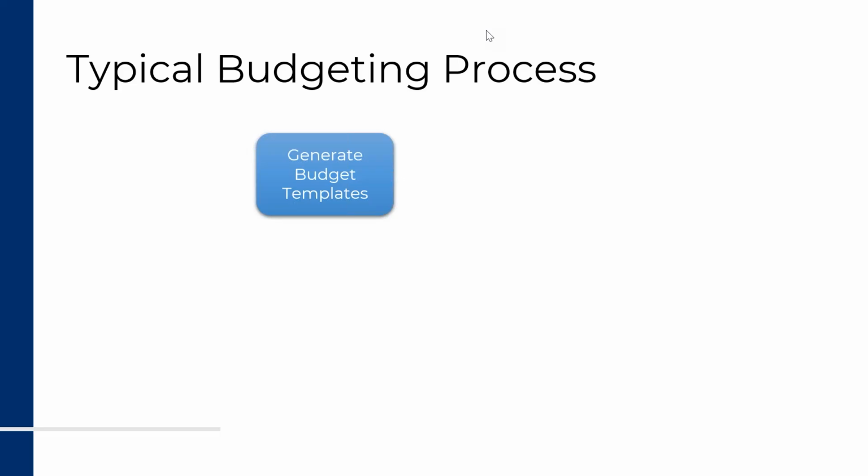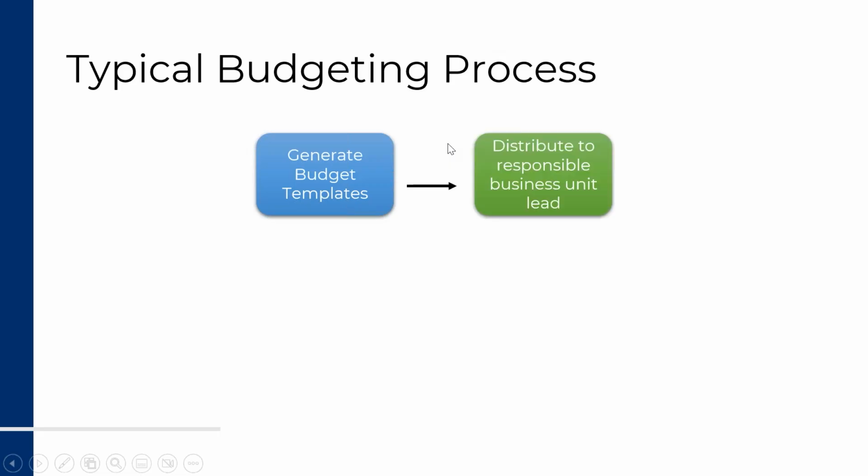And that simply means, depending on what accounting system you're using, you would log in and you would pull data from that system into most likely a spreadsheet. And things like your GL account, things like if it's an expense account, what was the actual expenditure last year, just so that you have some guidance as you do the budgeting process for this year.